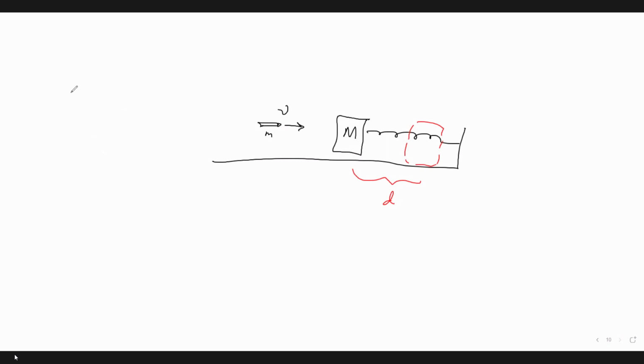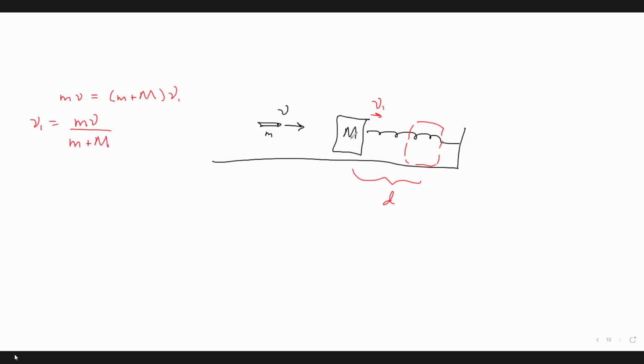So conservation of momentum tells me little mv must equal little m plus big M times V1. So V1 is equal to the mass of the bullet times V, over the mass of the bullet plus the mass of the block.